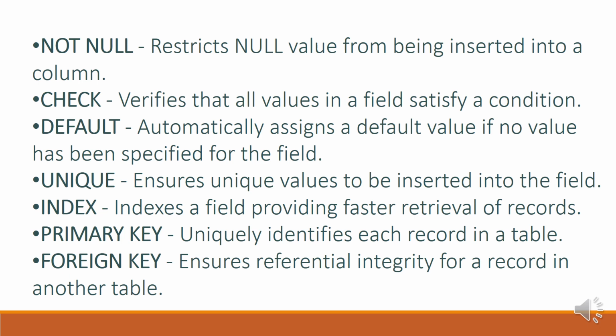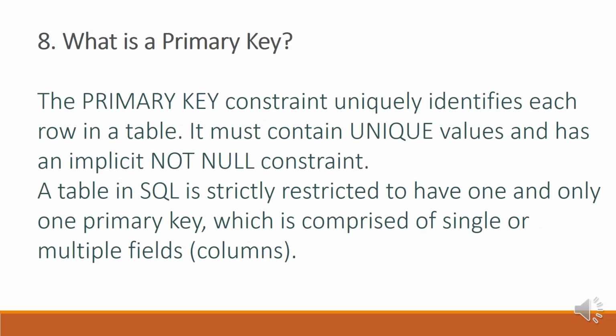Unique constraint ensures unique values to be inserted into the field. Index is a field providing faster retrieval of records. Primary key uniquely identifies each record in a table. Foreign key ensures referential integrity for a record in another table.